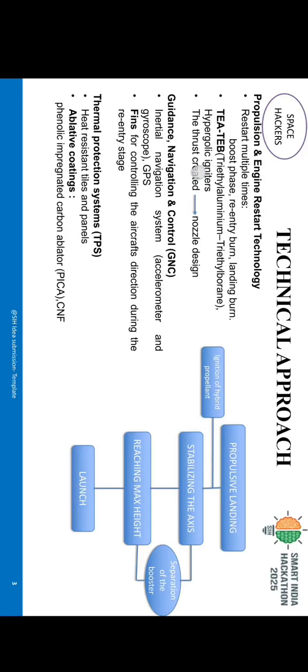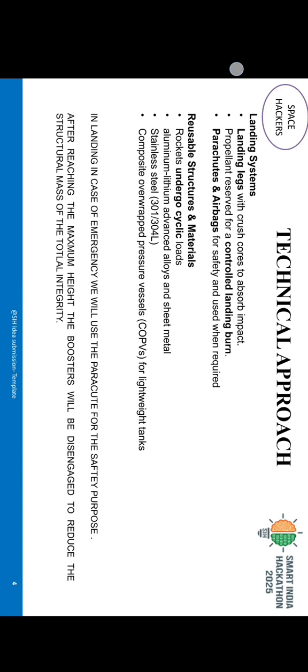The technical approach of this idea, which I have split into four major parts: launch, reaching maximum height, stabilizing the axis, and propulsive landing. In these stages, there are five important points: propulsive and engine restart technology, guidance navigation control, thermal protection system, landing system, and reusable structure and materials.